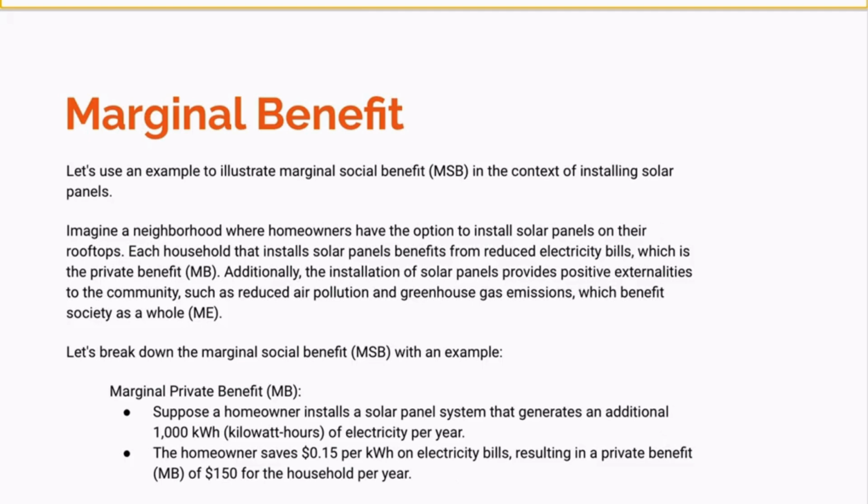Because that benefit to the household would be in the form of a reduced electricity bill, and that would be a private benefit, right? So in a neighborhood where the homeowners have an option to install solar panels on their rooftops, each household that installs the solar panels benefits from reduced electricity bills, which is his private benefit, right?